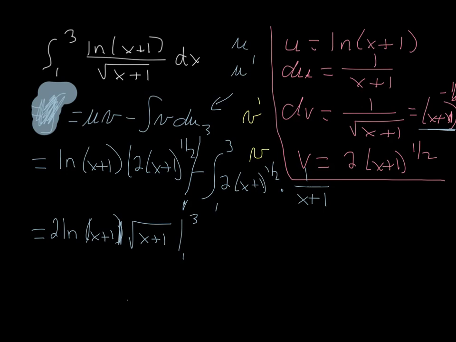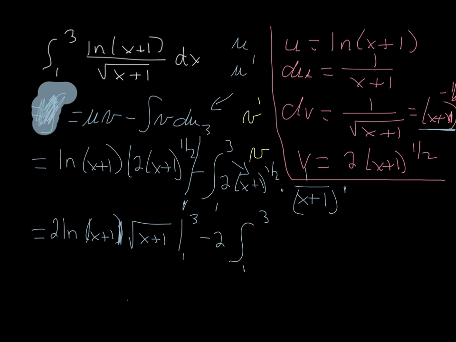In our integral, if we simplify here, this is x plus 1 to the 1, and this part here is x plus 1 to the 1/2. So I'm going to take the 2 out front, keep the integral, and simplify this because if I have a base to the 1/2 divided by the same base to the 1, then that gives me the same base to the minus 1/2.